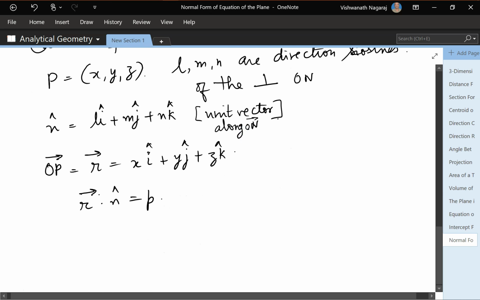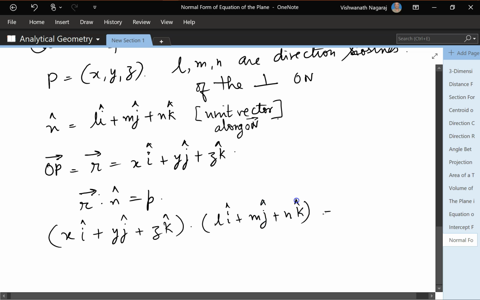So using that, let's substitute. (x i plus y j plus z k) dot n cap, where n cap is l i plus m j plus n k, is equal to p.